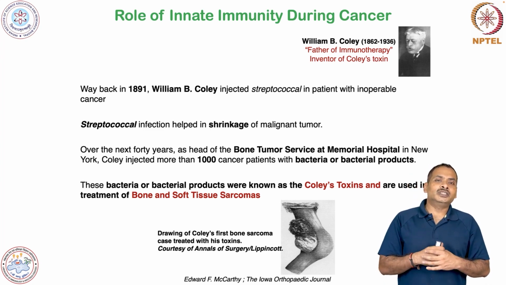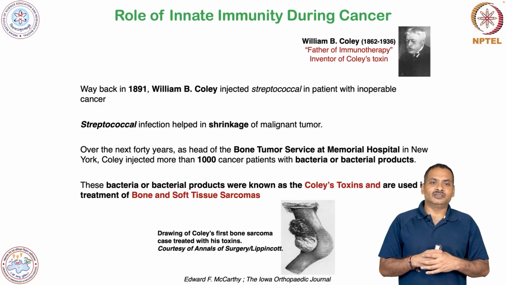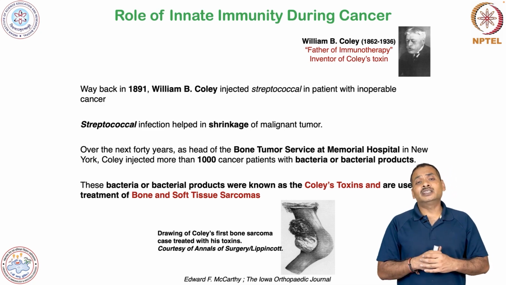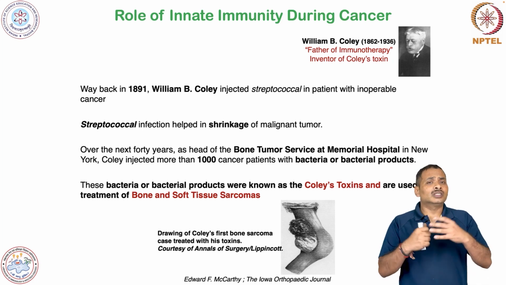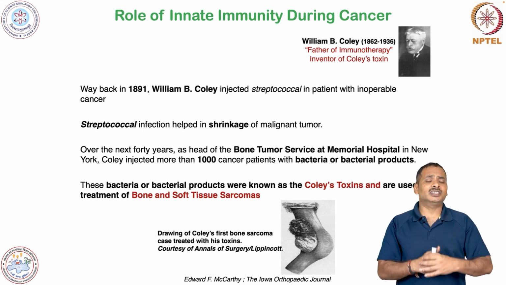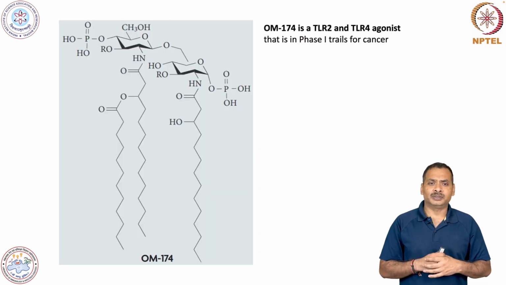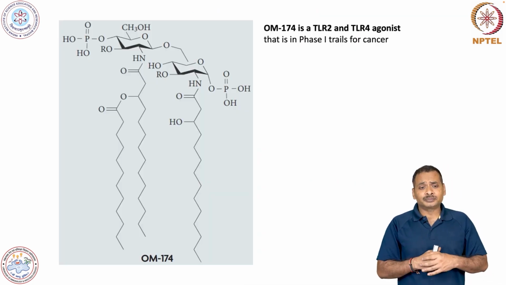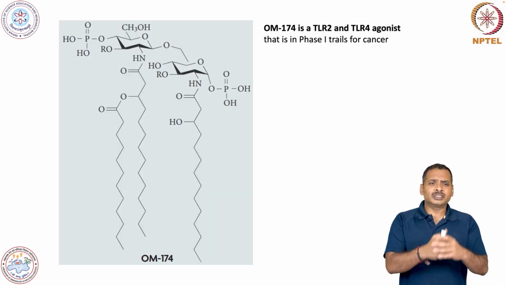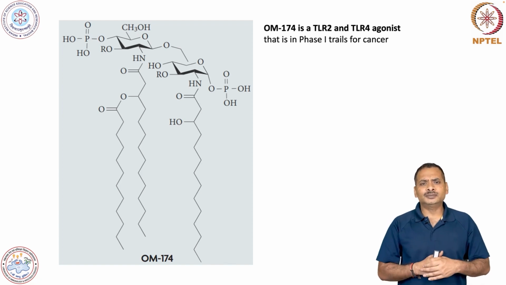So now we can understand this very well, and therefore there are various ligands of TLR which are used for cancer therapy. Here you can see this is a quite complex molecule, okay.